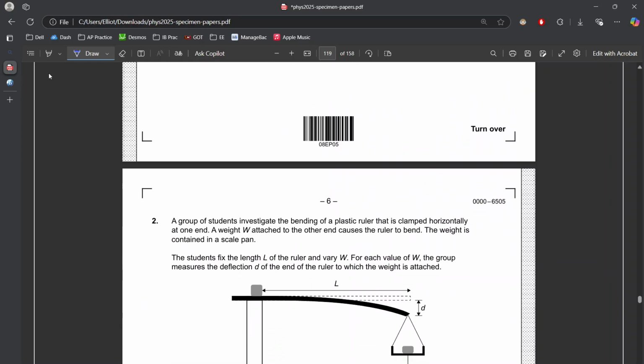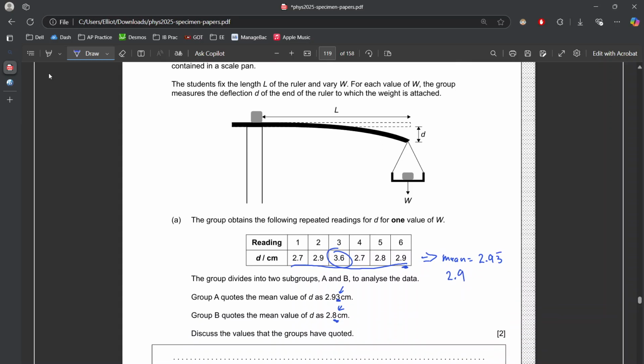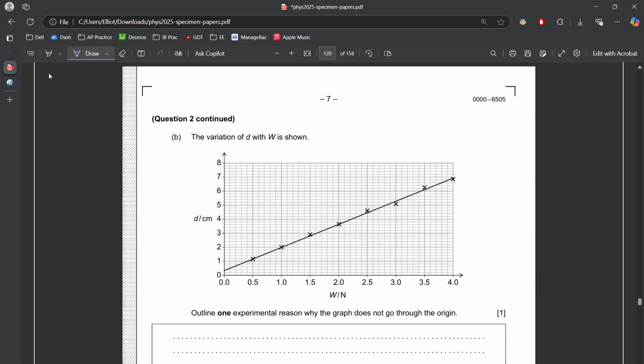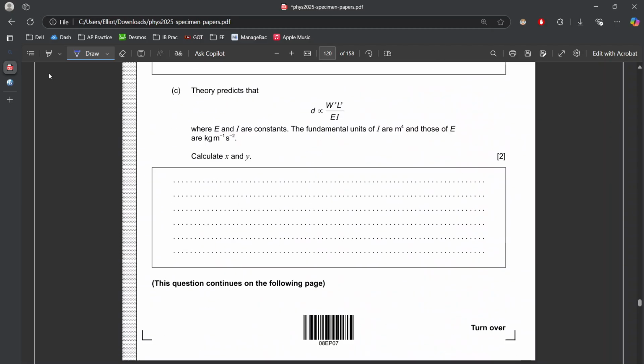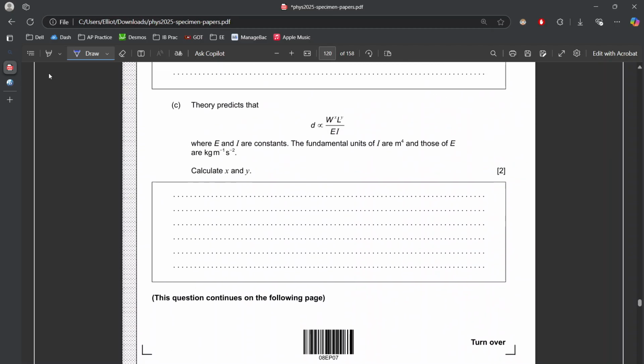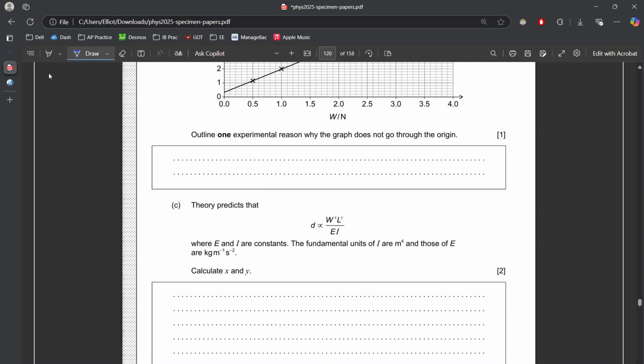What is the length? The length is constant. That's the important part, it would seem. So length is constant. This seems like it's way more than 2 marks, but okay.